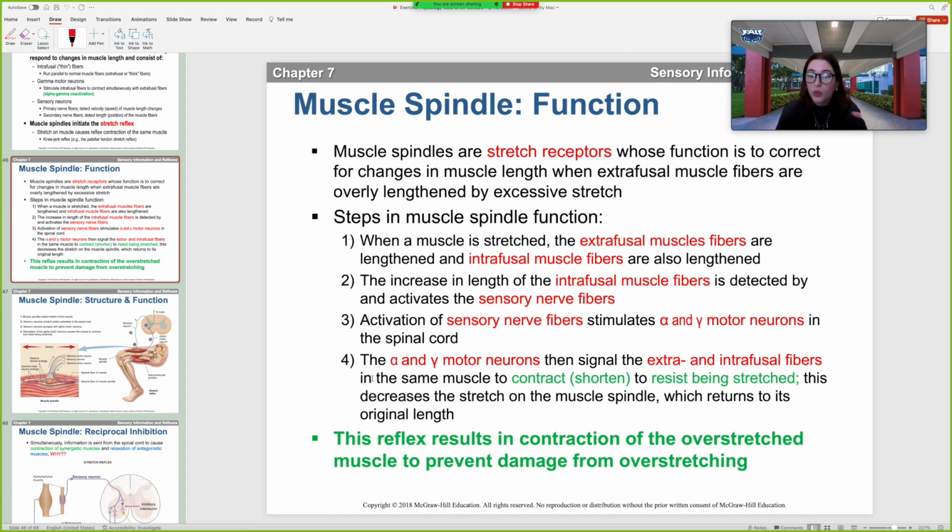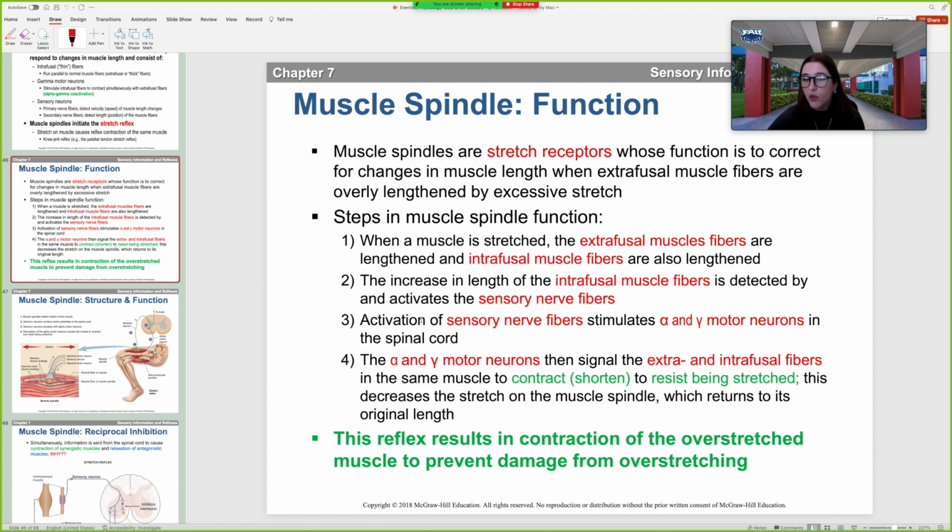Therefore, when it contracts, we no longer have stretch on that muscle spindle, on that stretch receptor, and we're fine. The muscle spindle isn't firing off anymore. The muscle is back where it needs to be. The stretch reflex did its job. This reflex results in contraction of the overstretched muscle to prevent damage from overstretching.